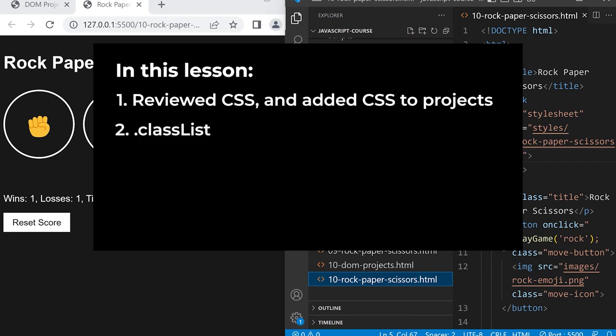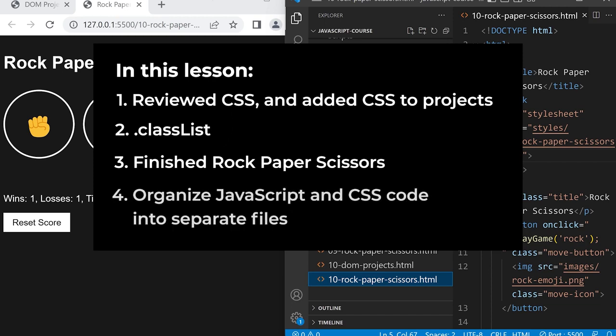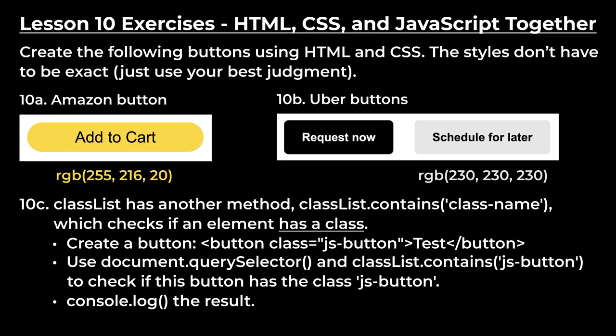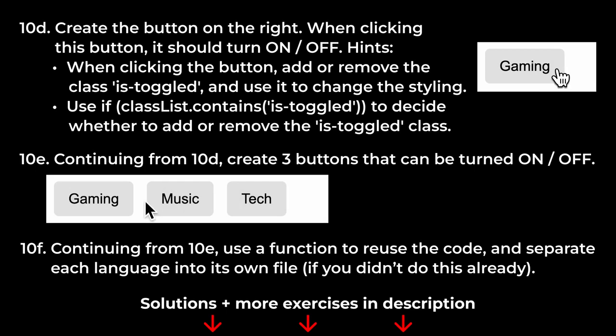We learned about the class list property, which lets us control the class attribute of an element. We finished our rock, paper, scissors project, and we learned how to organize our JavaScript and CSS code into separate files. Here are some exercises to help you practice using HTML, CSS, and JavaScript together.